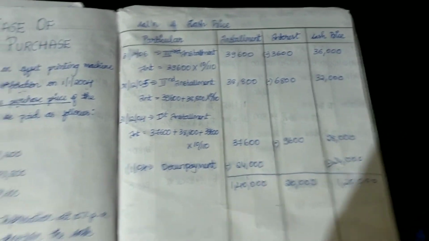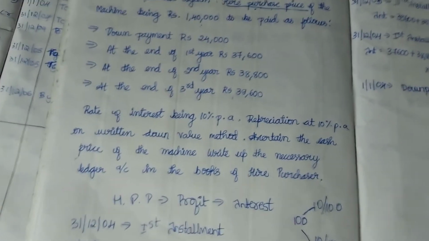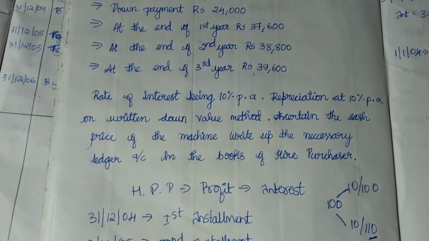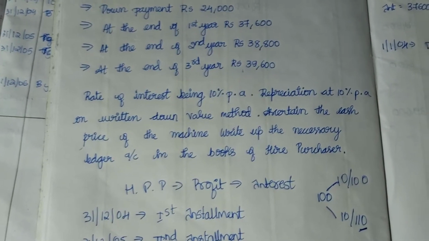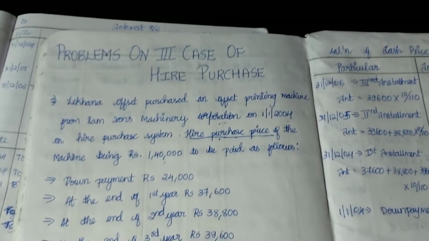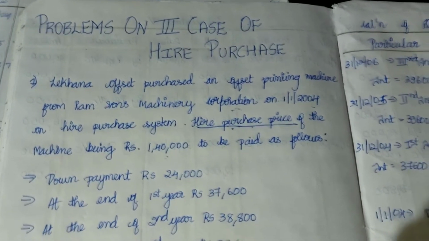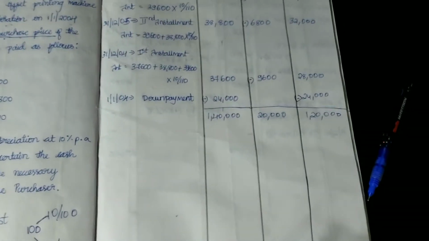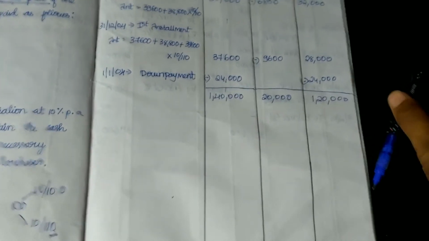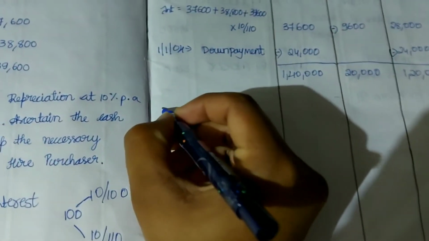Now in the question they have said that you have to prepare the necessary ledger accounts in the books of the hire purchaser. Your hire purchaser is Lekana Offset. So in her ledger books you have to prepare four ledger accounts.